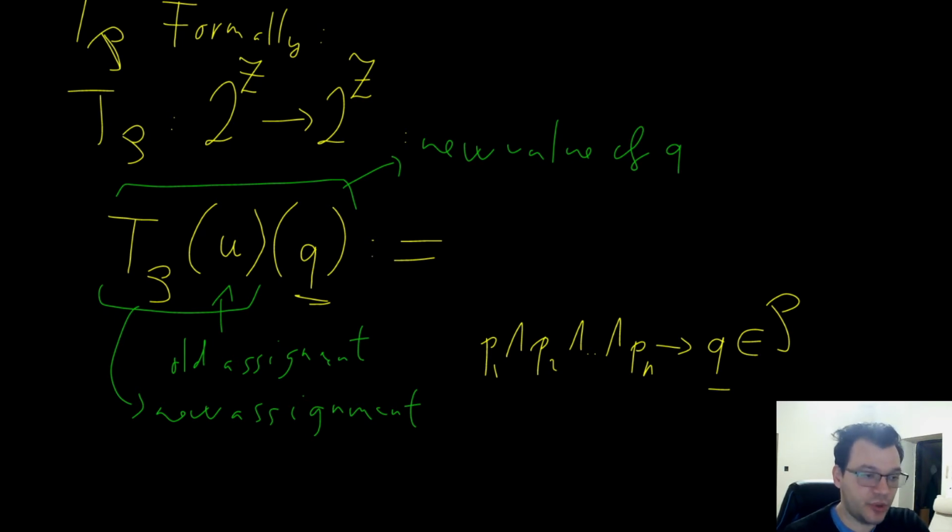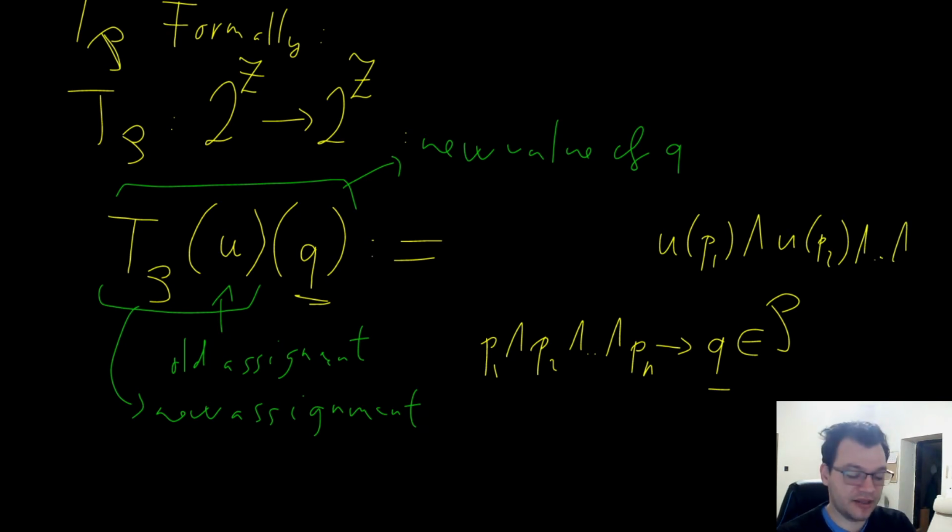You just evaluate those bodies, which is written as UP1, right? UP1 is the value of the variable P1 according to the old assignment, and UP2 is the old value of the second variable, and so on, and UPn.